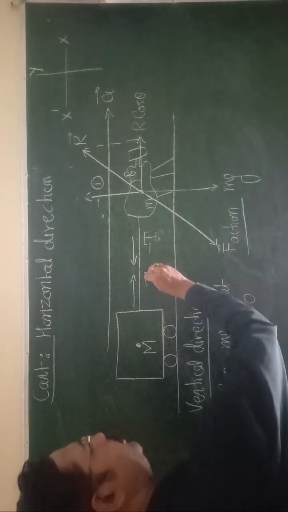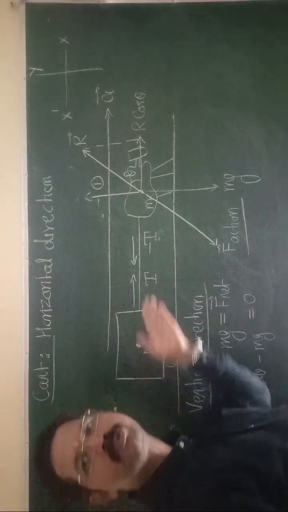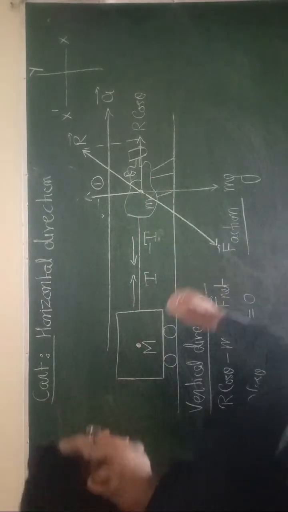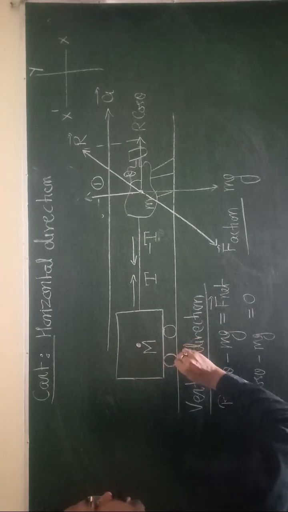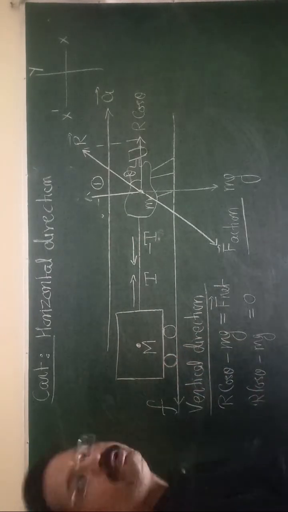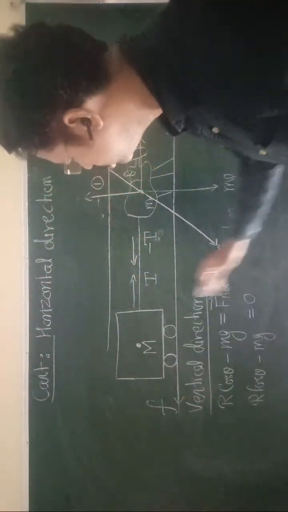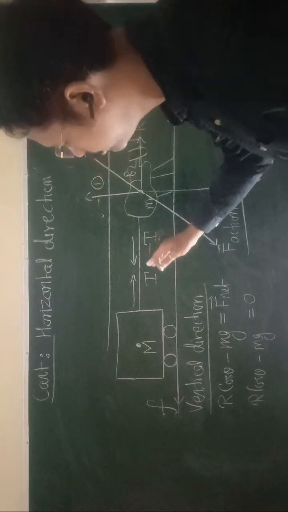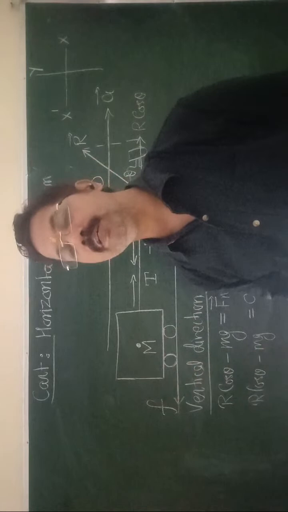So here is tension acting in the forward direction in the horizontal, but there is a wheel. There is a friction force in the backward direction. This is the friction force, small f. So acceleration is forward, tension is forward, and friction is opposing the motion of the cart.